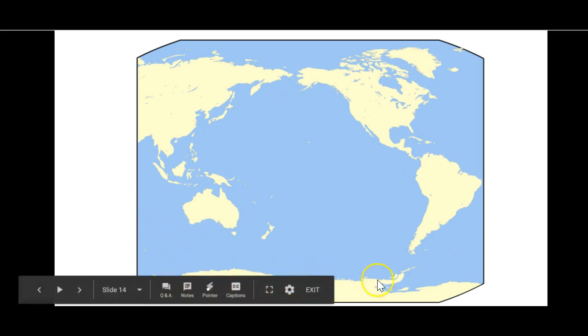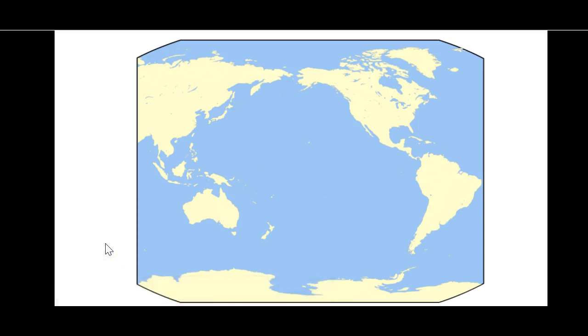All right, so here we are looking at the Pacific Ocean, North America, South America, Asia, and Australia. Those of you that like geography or just know where Hawaii is, can you locate Hawaii on the map before I tell you?